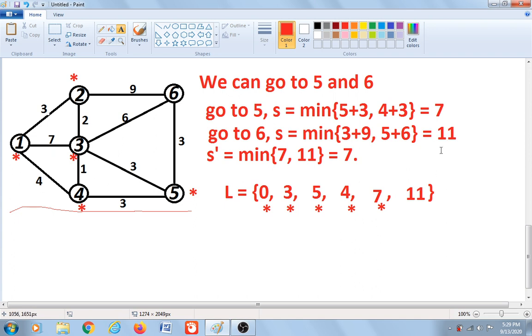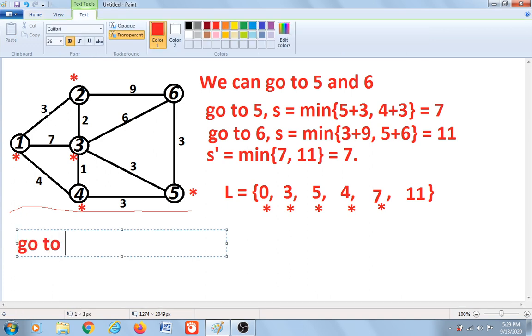Okay, now the only node that we can go to now is node number 6. Let's go.